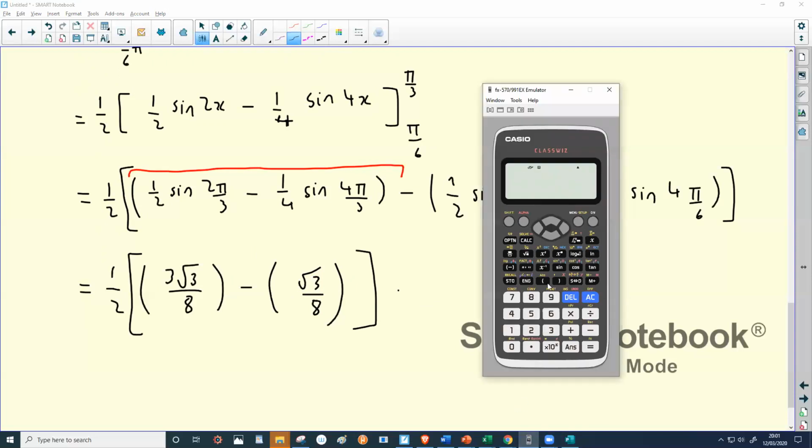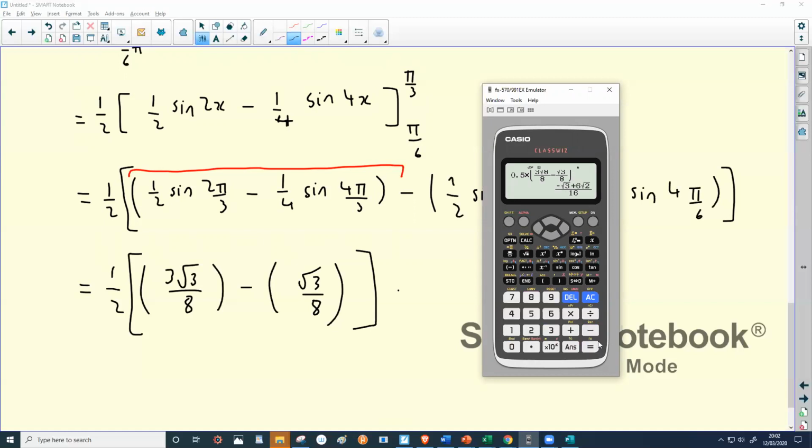And so now what I can do is say 0.5 times open brackets, fraction 3 root 3 over 8, minus root 3 over 8, close brackets.